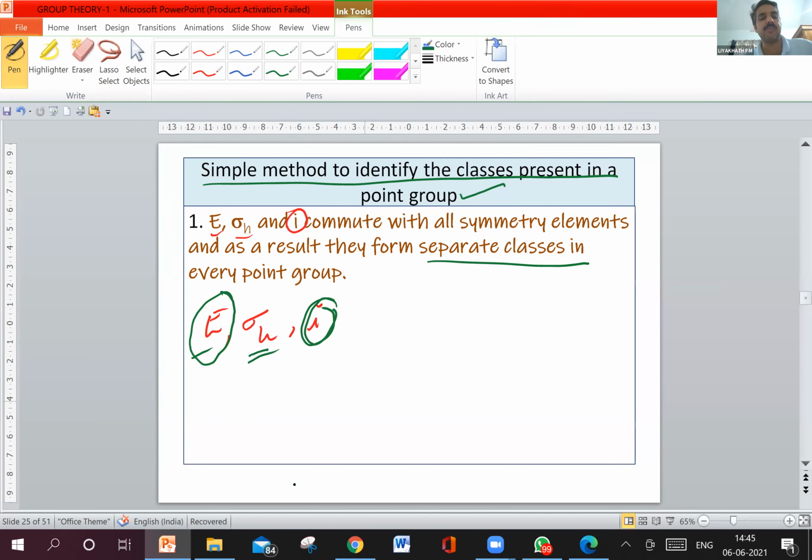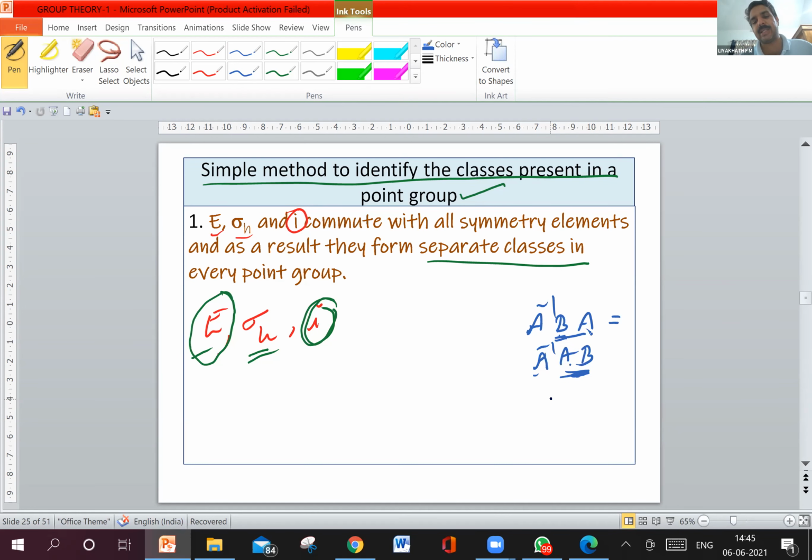When an element commutes with all other elements, its similarity transformation will always give that element itself. For example, if B commutes with A, then A inverse B A, we can write A inverse A into B, because BA is equal to AB if they commute.